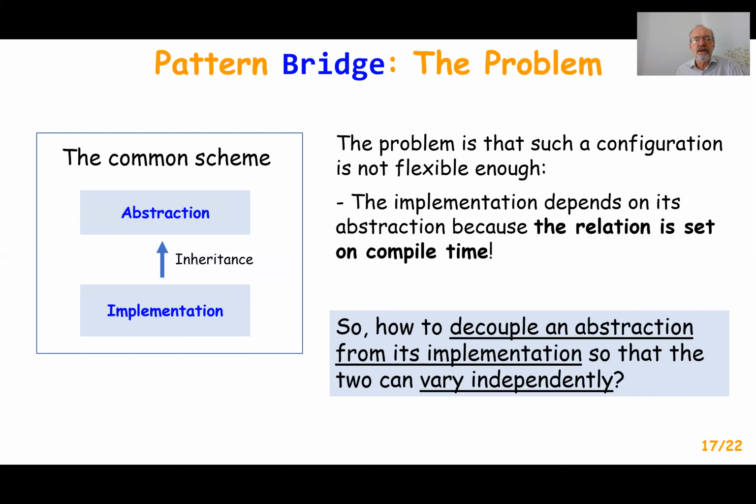The fundamental problem here is that a relationship such as inheritance is completely a compile time relationship. We set up this relation at compile time, and we cannot change this kind of relation between these two classes during runtime.